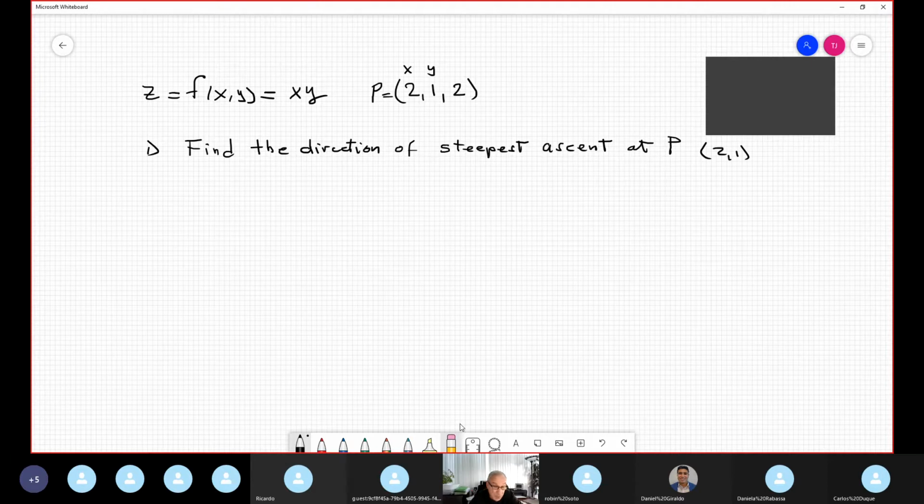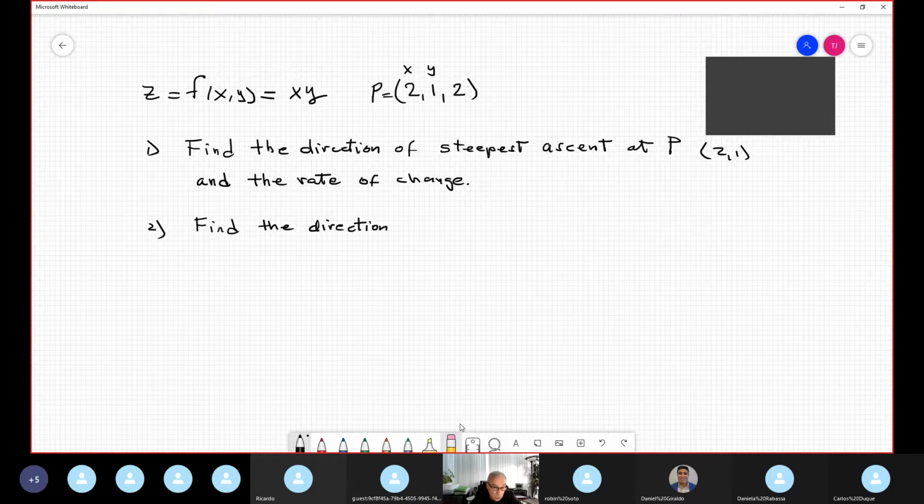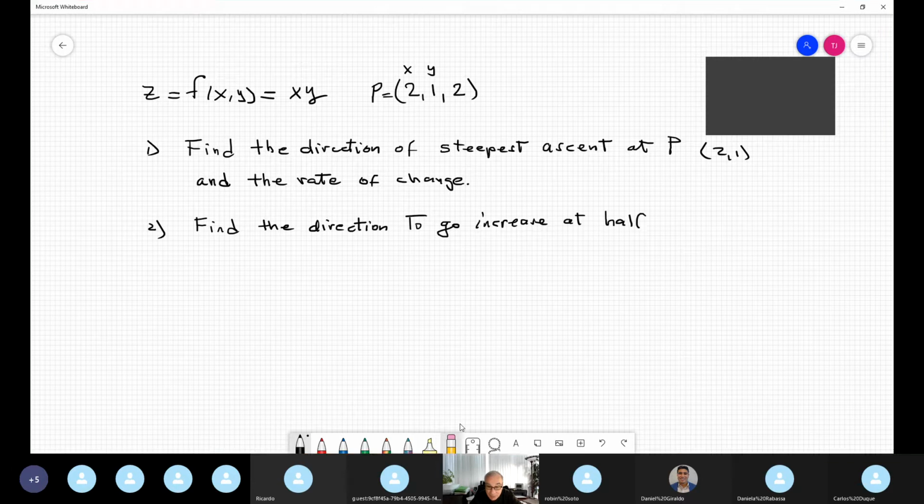So I want to find, inside question 1, the rate of change, numerical: direction and rate of change. And number 2 is: find the direction to go increasing, of course, positive, at half this rate of change.